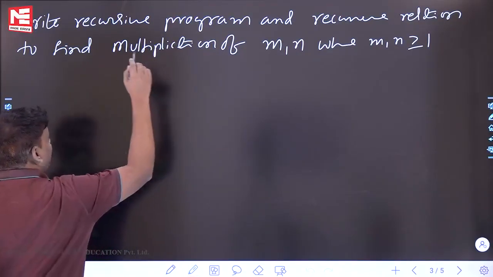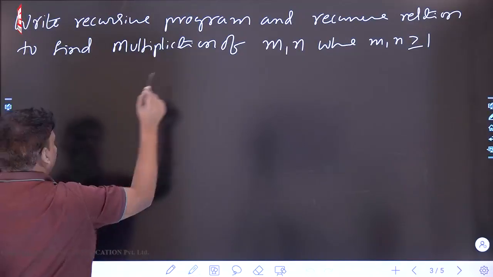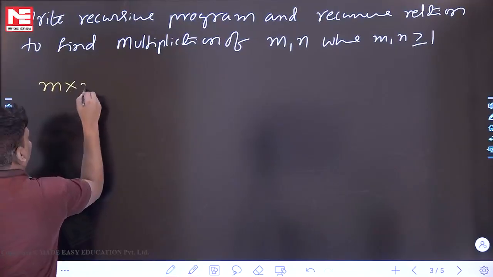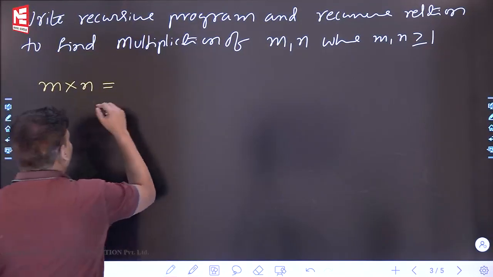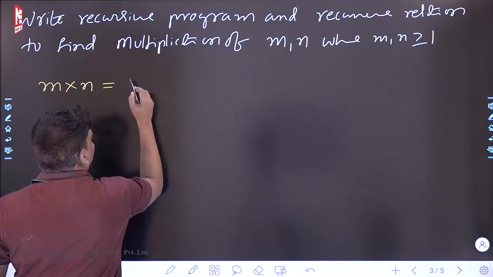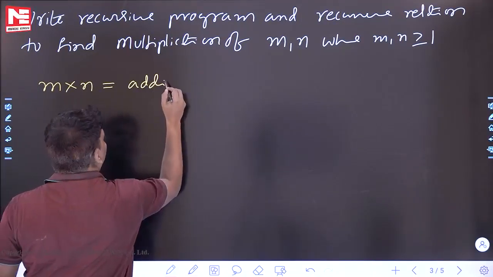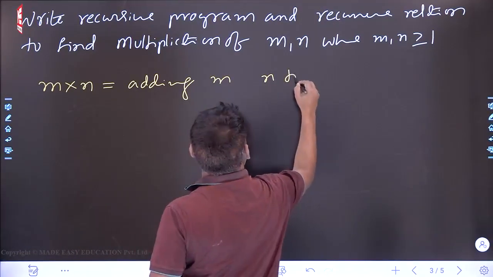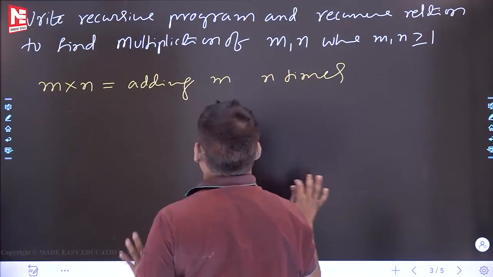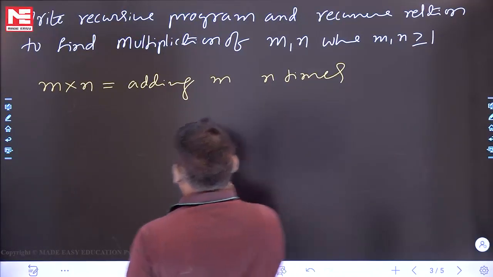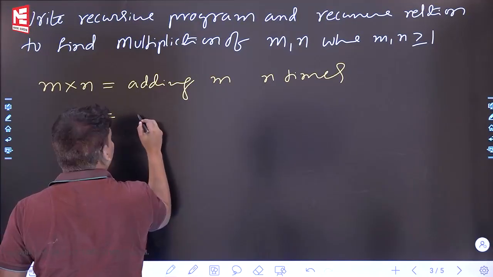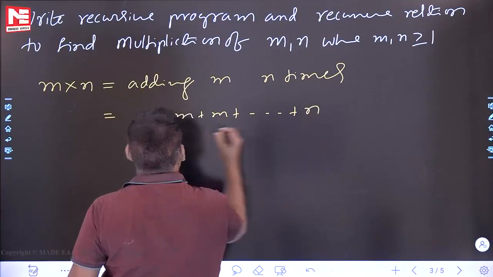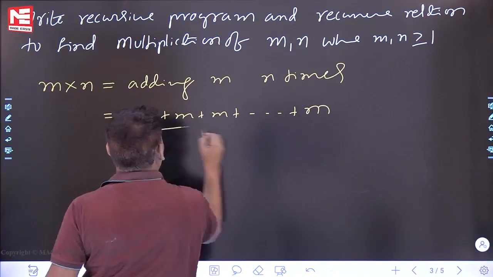So, to do multiplication of m comma n, I am writing a recursive program. See one of the logics. This is the logic I am implementing. M into n is nothing but adding m, n times: m plus m plus, and so on, n times.